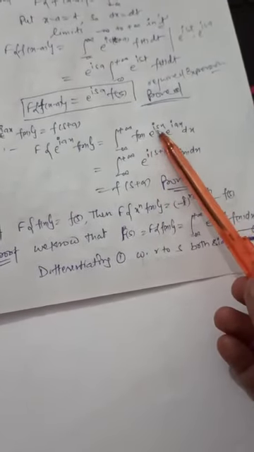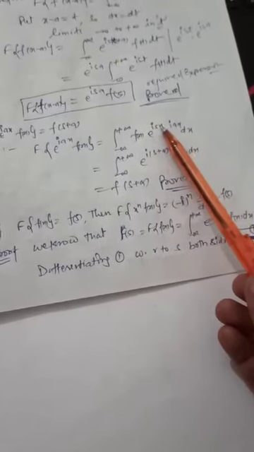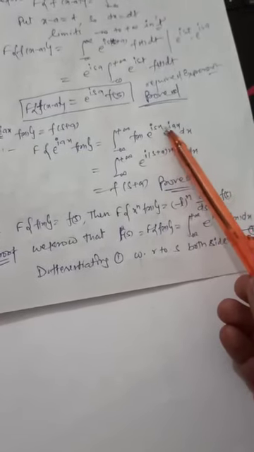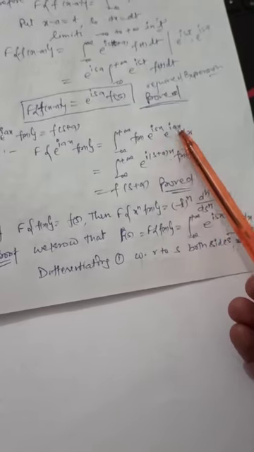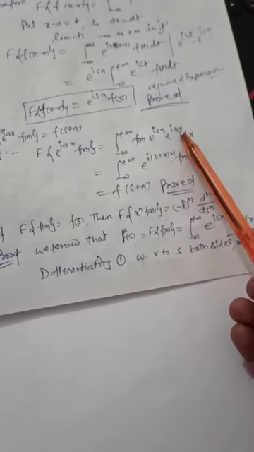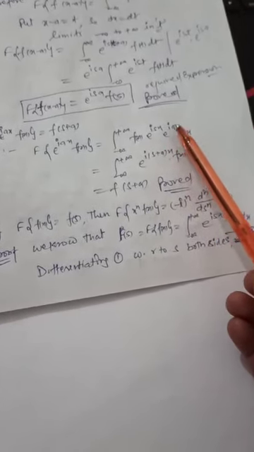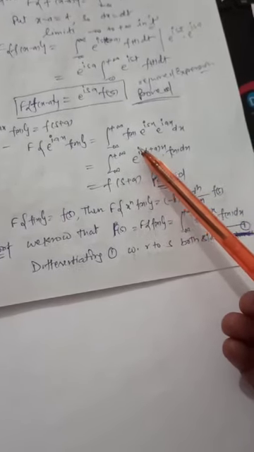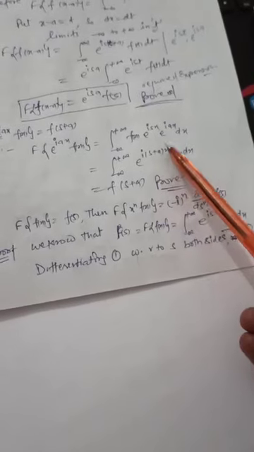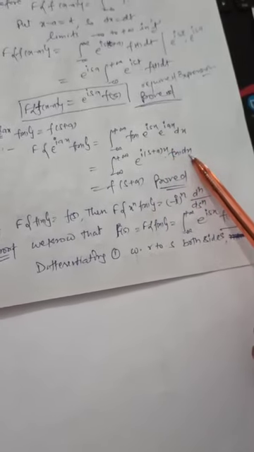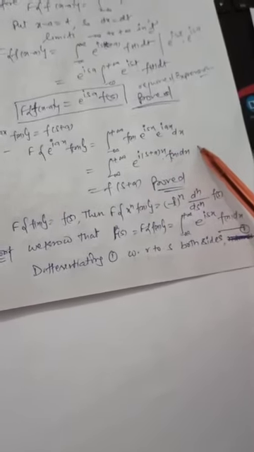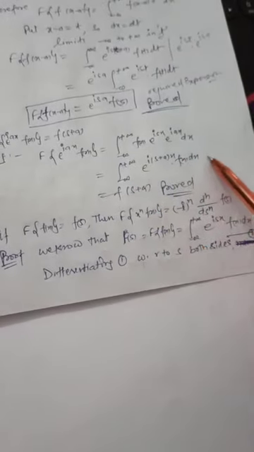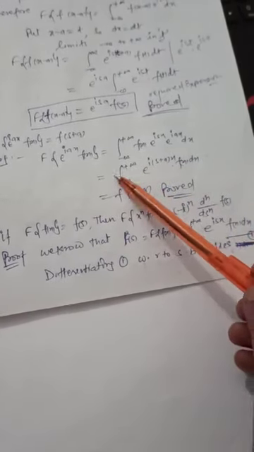Here exponential iota sx and exponential iota ax are common, so these two powers can be added by the property of addition: exponential iota s plus a x f of x dx. As you see, this result is again a representation of the Fourier transform.